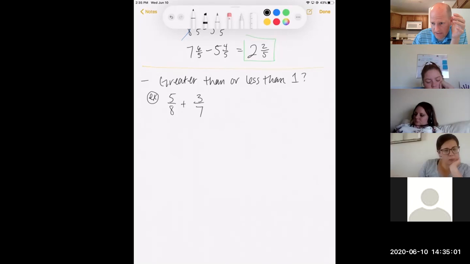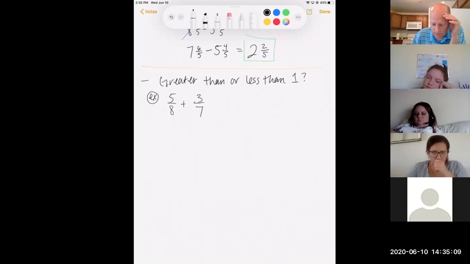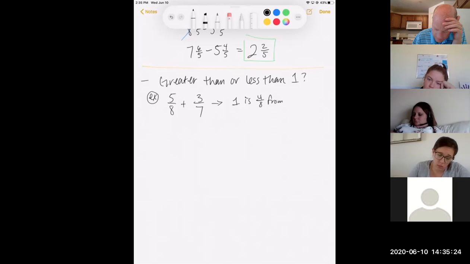So let's see what the difference is. I'll do this example and you guys can try the next one. So we can see the difference between 5/8 and 1. So we need to use reasoning to help us here. 5/8 is 3/8 from 1.